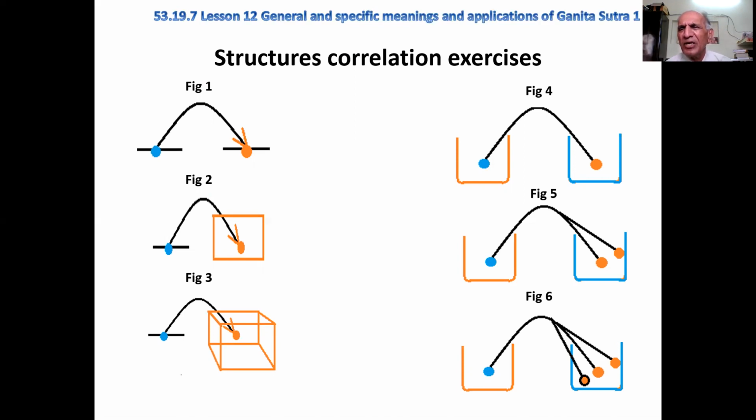Then, in general, we can have a universe of one set of structures to be correlated with another universe of different structural setups.